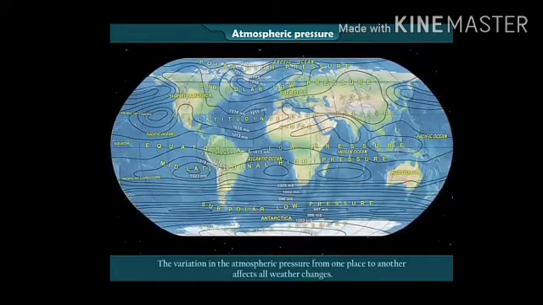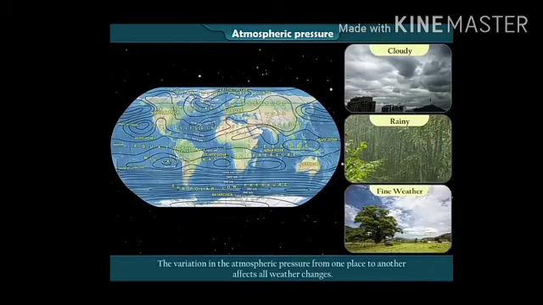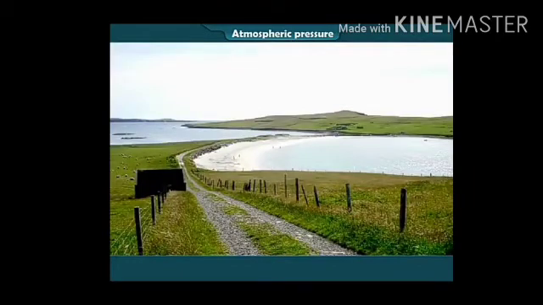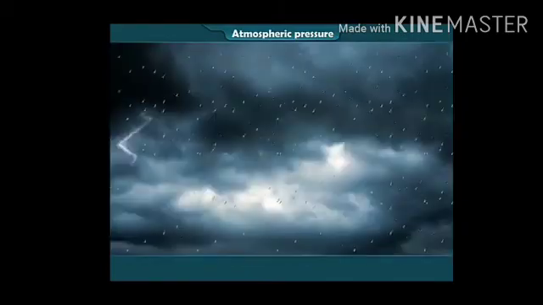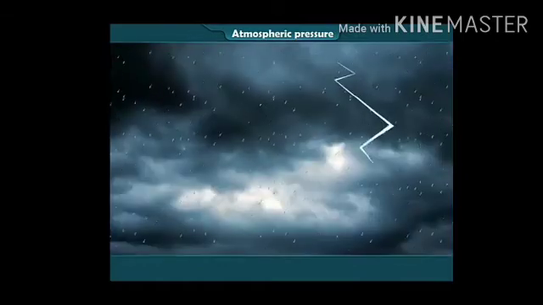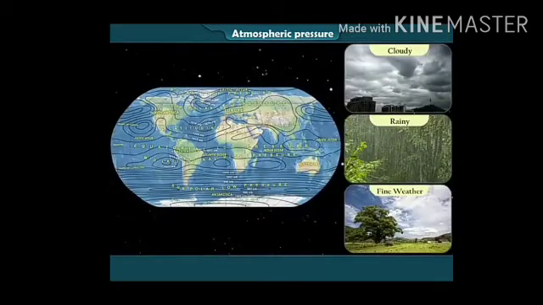The variation in the atmospheric pressure from one place to another affects all weather changes. For example, rising pressure makes the weather fine, while decreasing air pressure makes the weather cloudy and rainy. All these variations or changes in atmospheric pressure depend upon some factors.